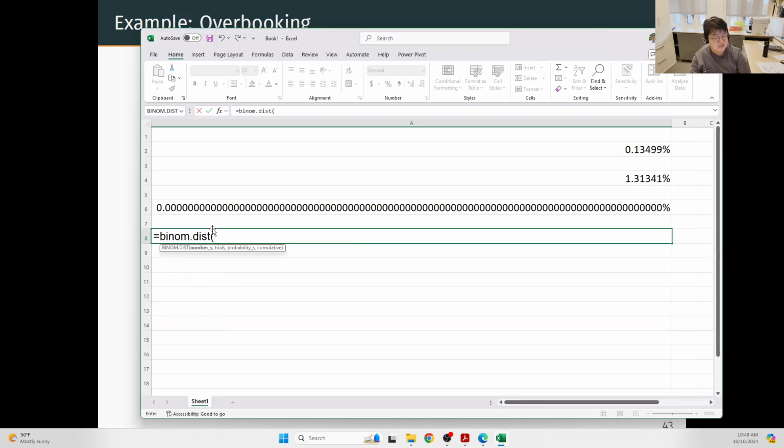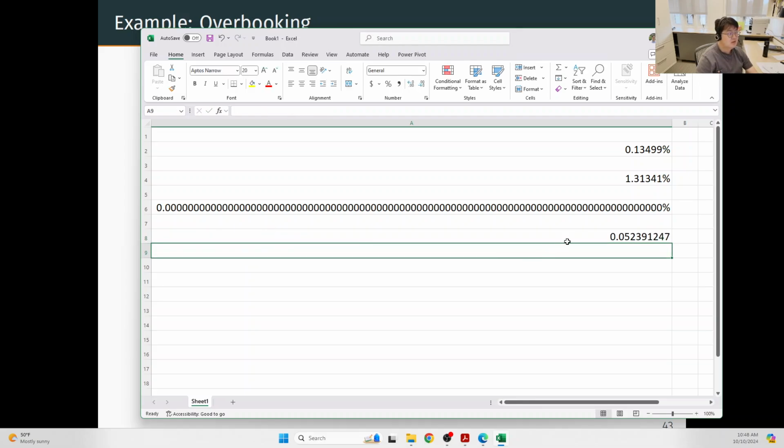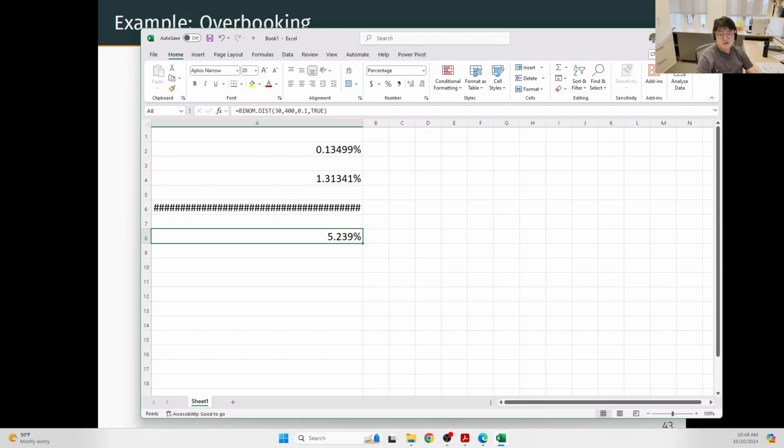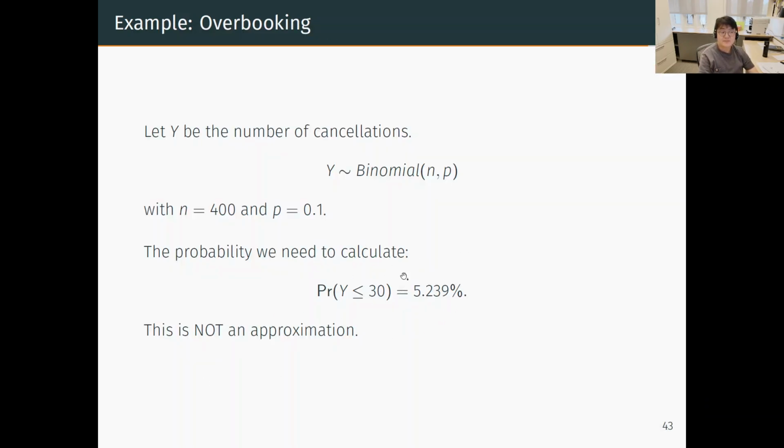You can calculate the probability up to 30 out of 400 sample size when the success probability is 10%. You are calculating the cumulative distribution. It is 5.239%.